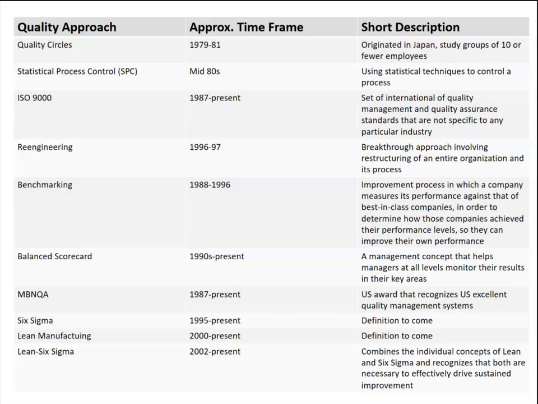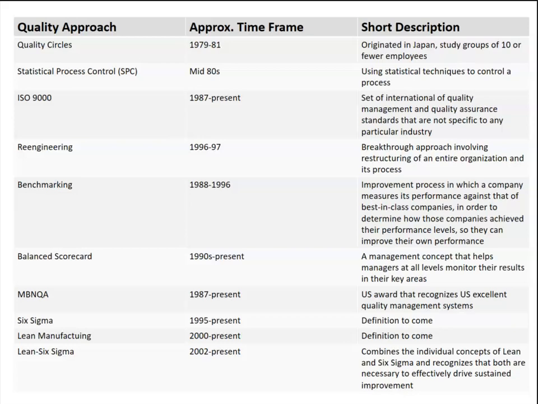They have a problem, get a bunch of cross-disciplinary people together, look at the problem and solve it. That's where quality circles came about, around the late 70s, early 80s.